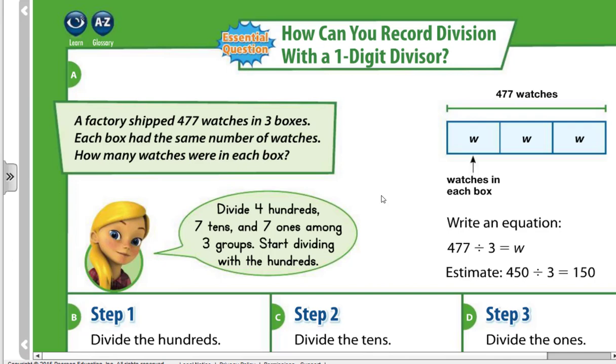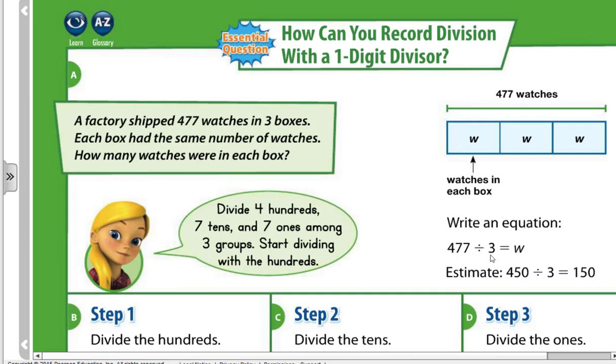How many watches were in each box? So, we should divide the 477 into the 3 boxes. So, the equation is 477 divided by 3 equals W. And W here is unknown. We should find W, so we should divide 477 by 3.